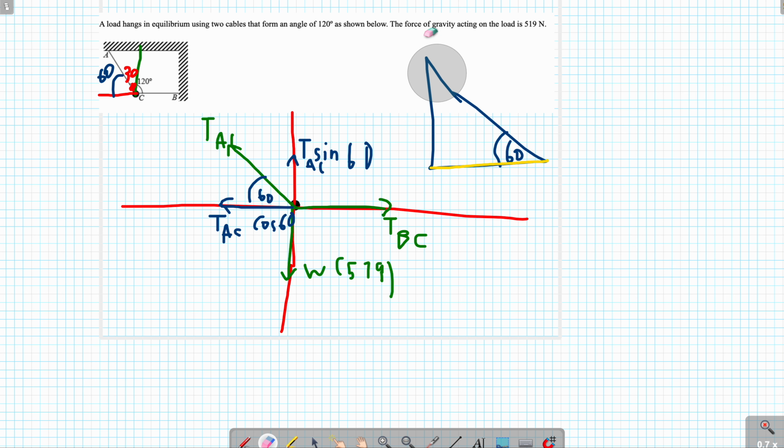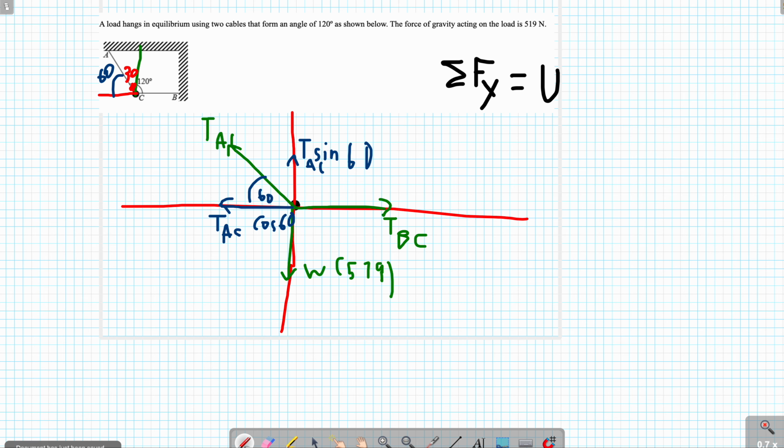First we can simply do sigma Fy is equal to 0. So T sine 60 is equal to the weight. TAC, be specific guys, so you do not get lost.